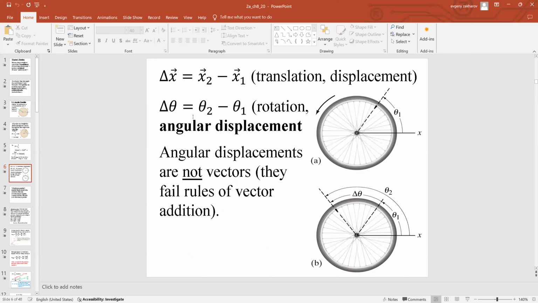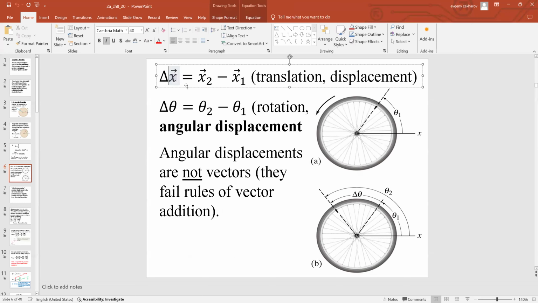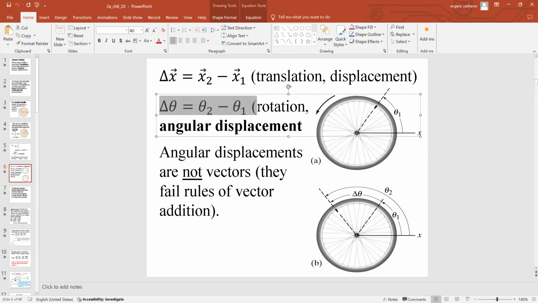So it was linear displacement, change in position: final, take away initial. Now take a look at the formula for angular displacement, and you'll see that it's the same thing. The only difference is that position was in vector form, and for angular displacement, you don't see any vectors on top.